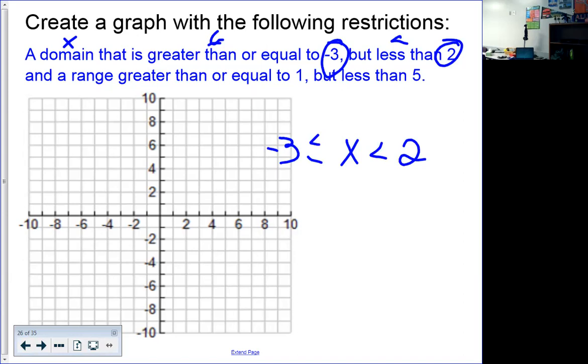For the range, range is my y's, greater than or equal to 1, less than 5. So I have y, and I have 1 and 5.